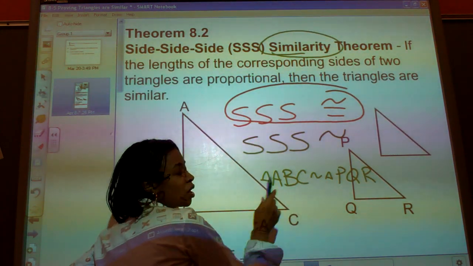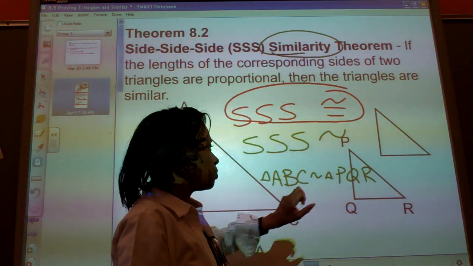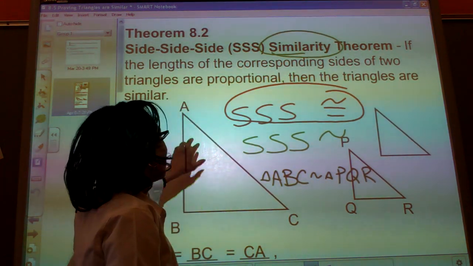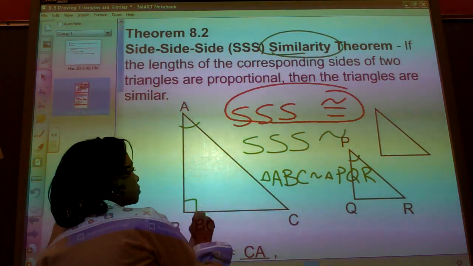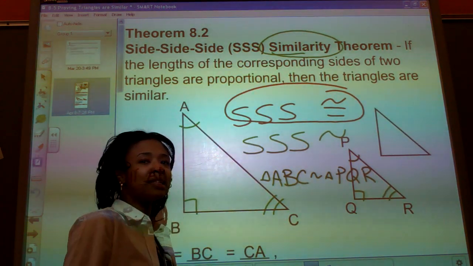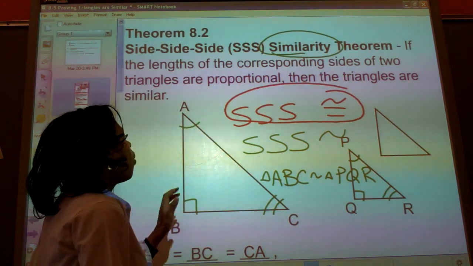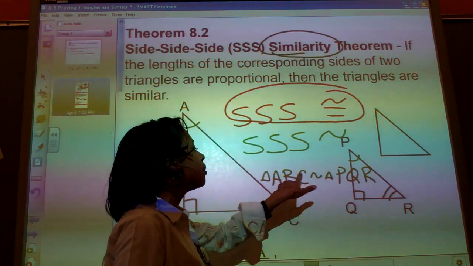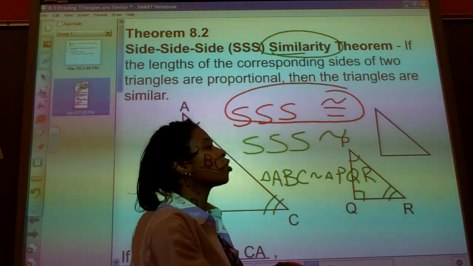And remember, we use a squiggly line to show their similarity. The key thing to remember about similarity is that their angles will be congruent. Does not mean that their side lengths are congruent, their angles. What's going to be true about similar triangles is that their side lengths will be proportional.